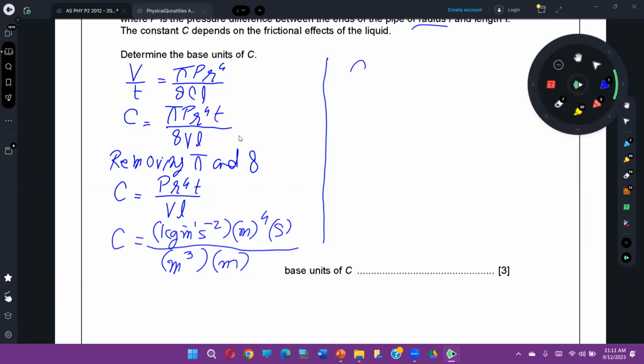Now I need your help for the numerator. Kg has no other parallel kg, so I write kg. I have a meter minus 1 and a meter power 4. Anyone? Minus 1 plus 4.